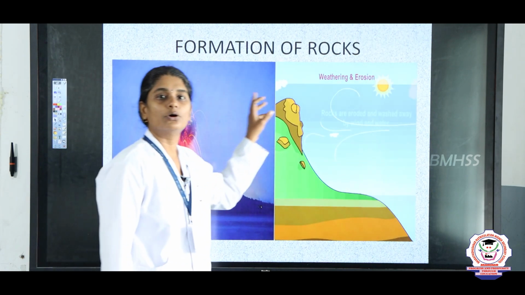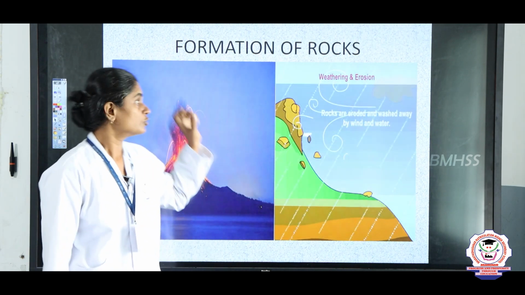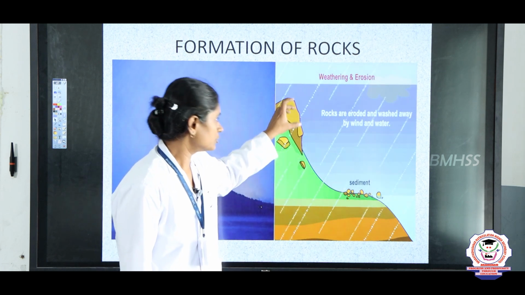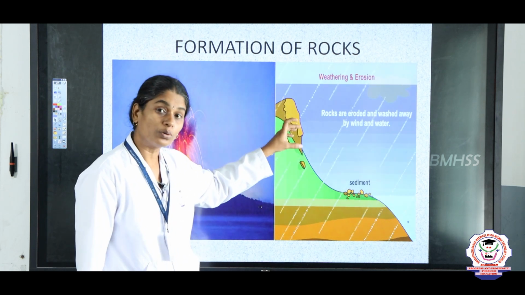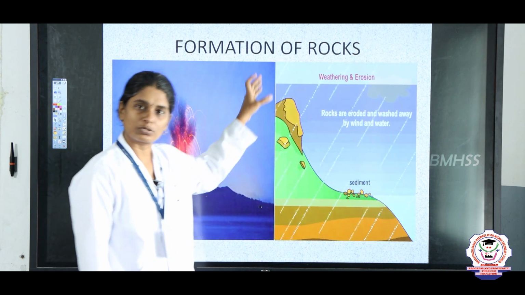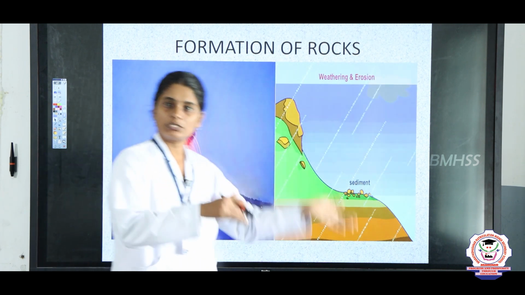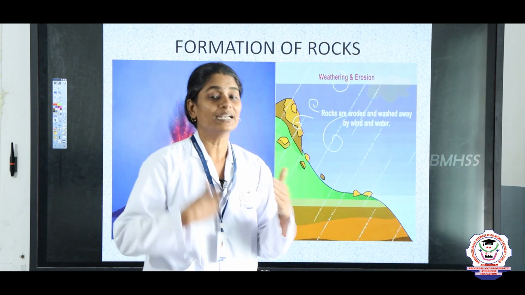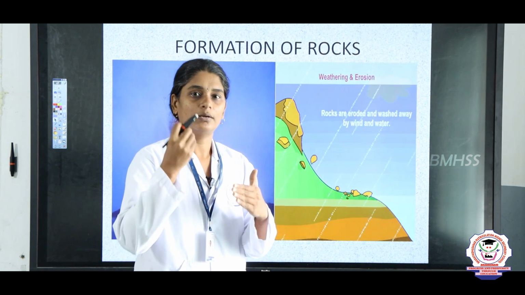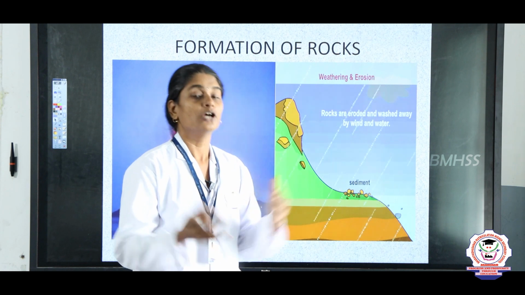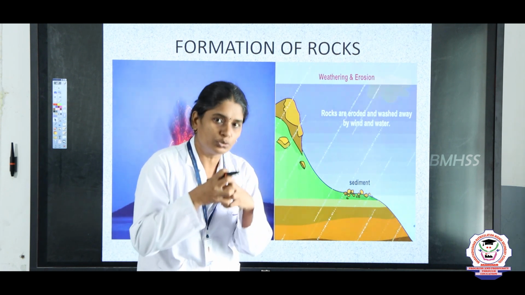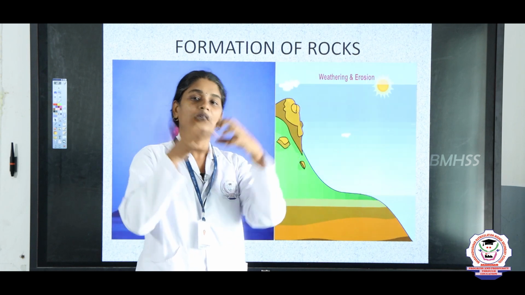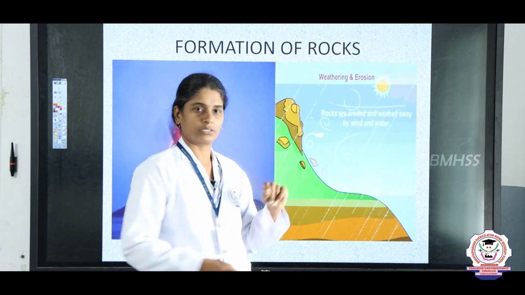So how are these rocks formed? Rocks are formed by the weathering of small particles. You all know that soil is formed from rocks. It is the reverse process. The repeated deposition of small tiny particles of soil binds together, and due to pressure and heat, they form into rocks.